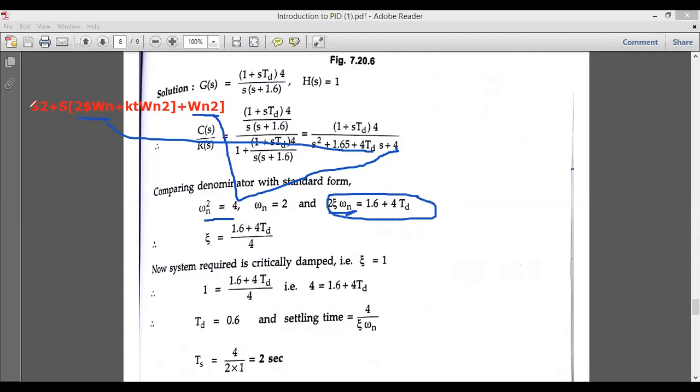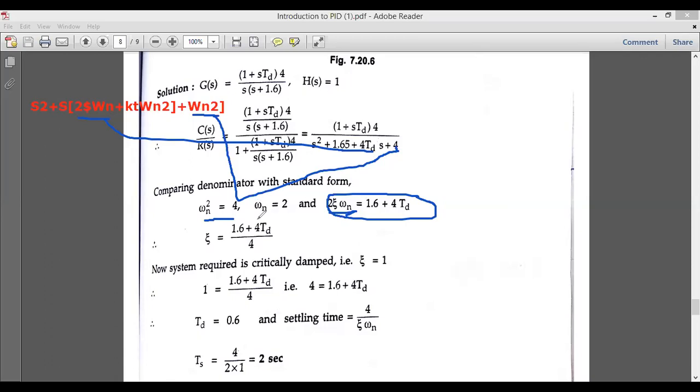This S square is as it is, but what about this Kt into omega n square? Kt multiplied by omega n square. In this particular formula we don't have a separate value for Kt into omega n square, because 1.6 S plus 4 into TD is the value they have taken.